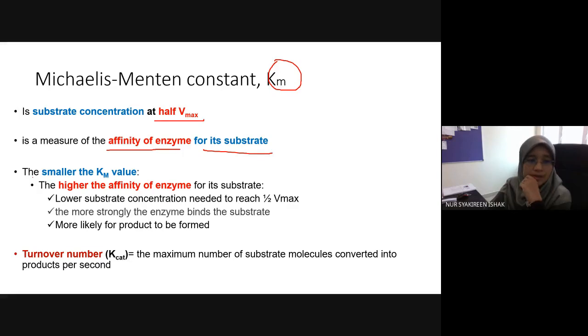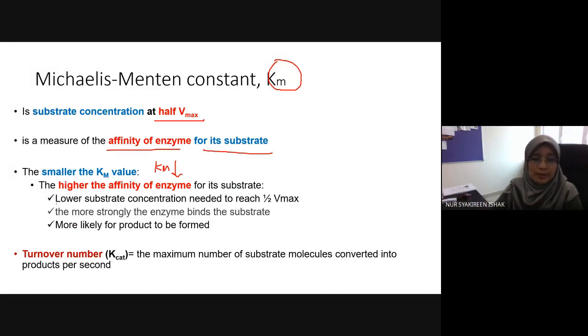Okay. So it says here, the smaller the Km value, the higher the affinity of enzyme for its substrate. It means that bila letak je sedikit substrate ke dalam reaction tu, terus enzyme to catalyze reaction because the enzyme has higher affinity to bind to the substrate.